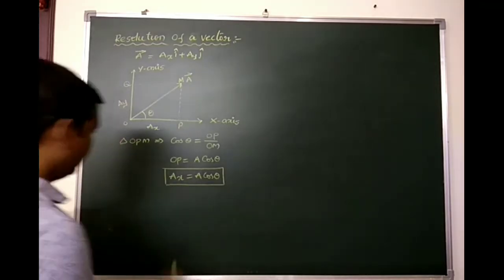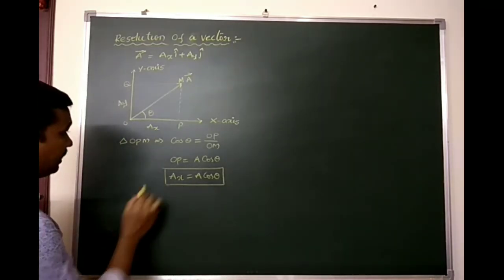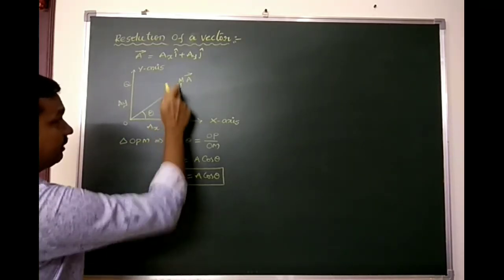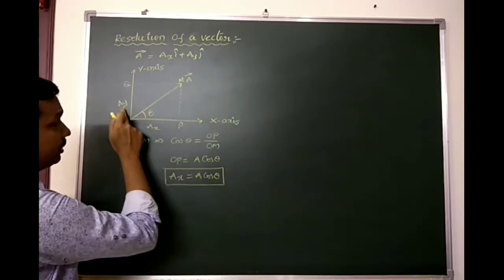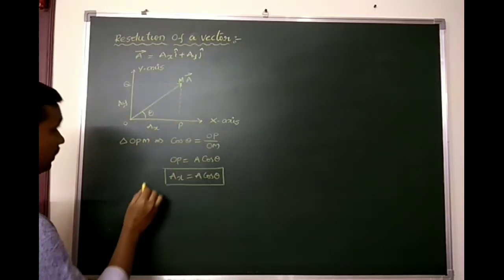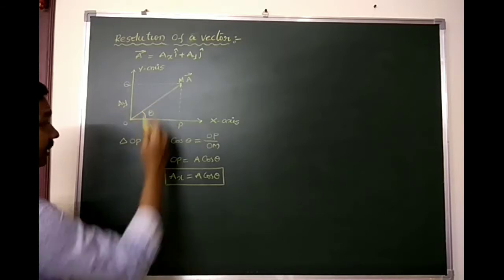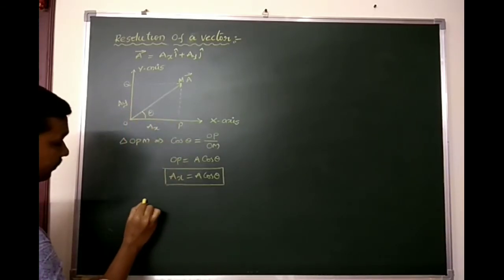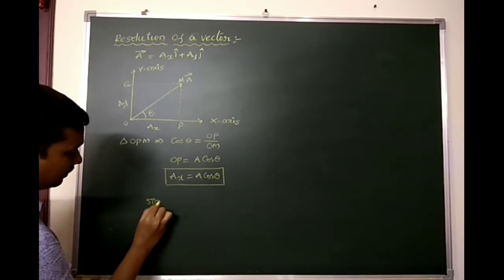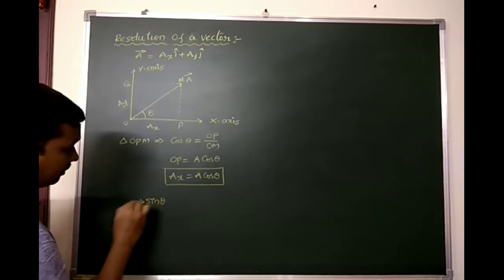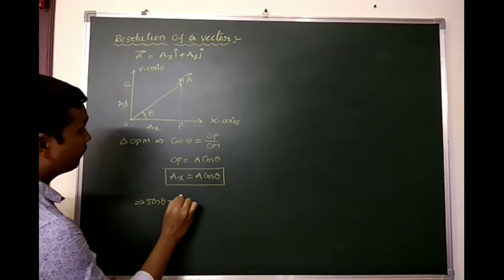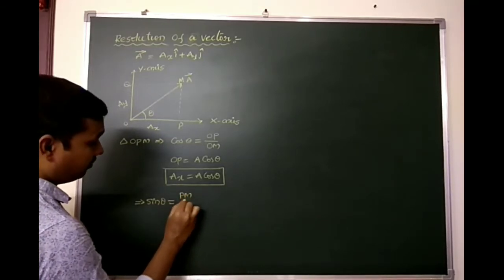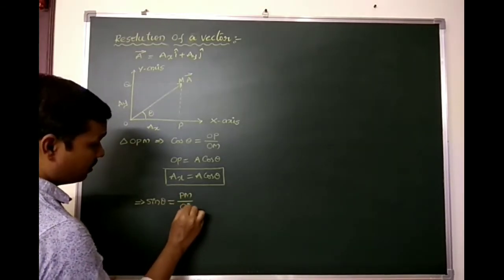Similarly, in the same triangle, I am going to find the vertical component. What is the vertical component? Ay. In order to find Ay, we need to take sin theta, opposite by hypotenuse. So sin theta is equal to PM by OM.